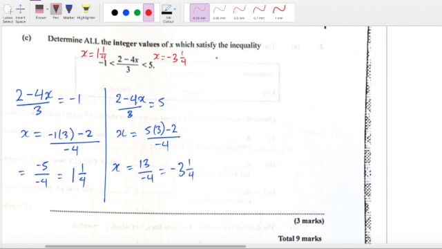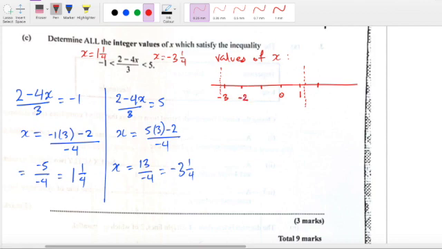So the values of x on a number line. So we have 0 here, and we could see that we are between -3 1/4 and we have 1 1/4. So if this is 1, then the quarter will probably land about here. And if this is -1, -2, -3, the -3 1/4 will probably land somewhere around there.